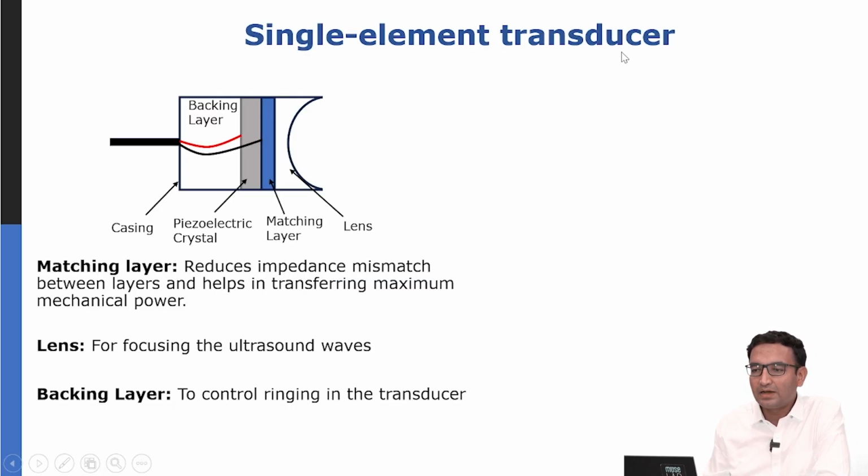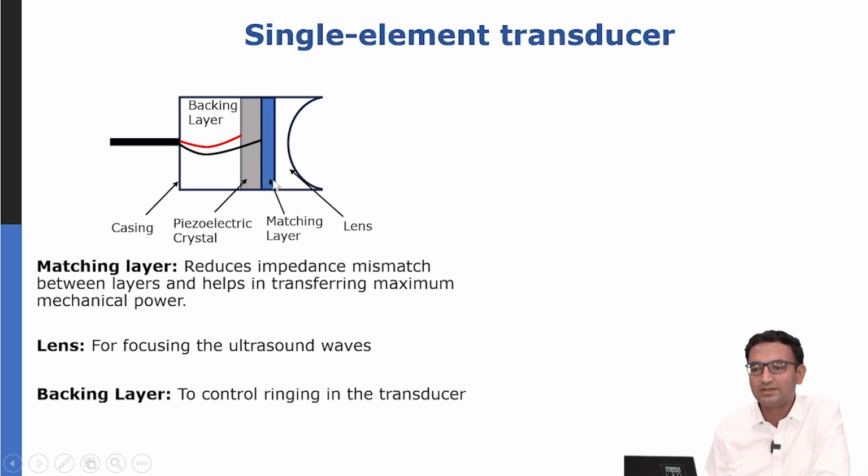So here's a schematic of a single element transducer. You first can see this in gray is the piezoelectric crystal, and across the interfaces of the piezoelectric crystal we can apply the voltage, and then that will make this crystal oscillate. As this crystal oscillates, there's a matching layer. The purpose of this matching layer is impedance matching.